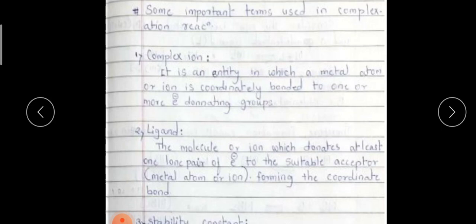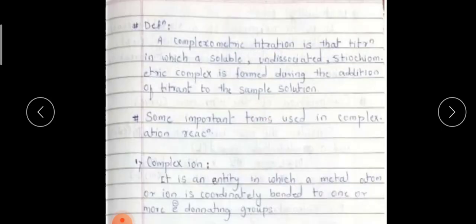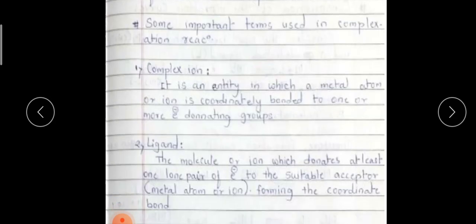Then, complex ion we have seen. The complexometric titration definition is very simple: the titration in which a soluble, unsaturated, stoichiometric complex is formed by addition of the titrant to the sample solution. Complex ion is nothing but a moiety or entity in which a metal atom or ion is coordinately bonded to one or more electron donating groups.